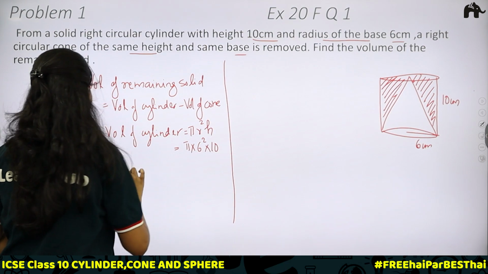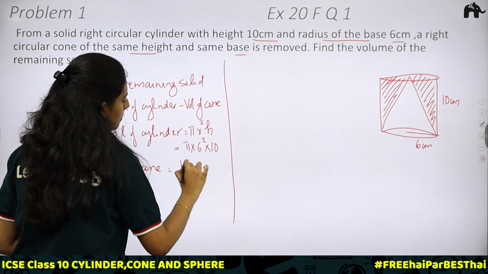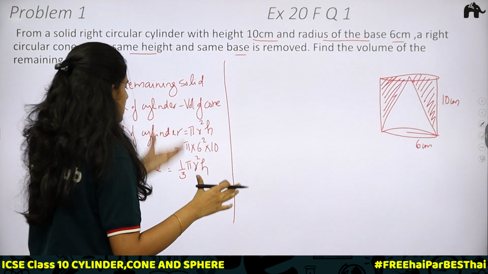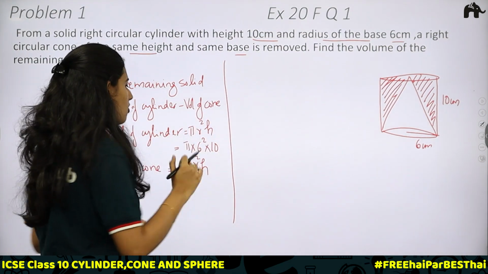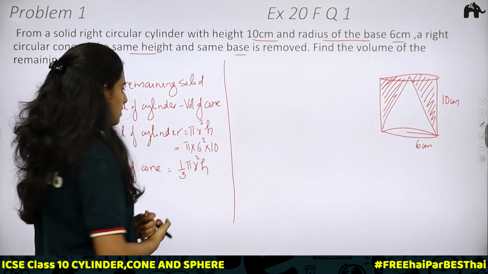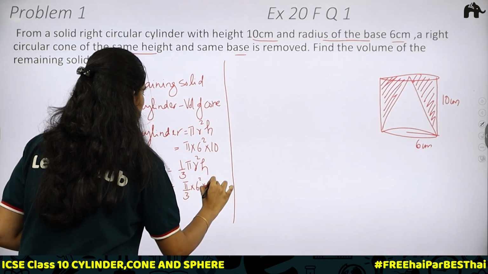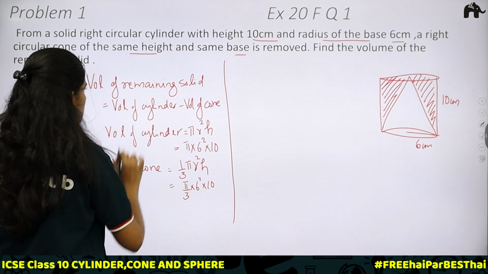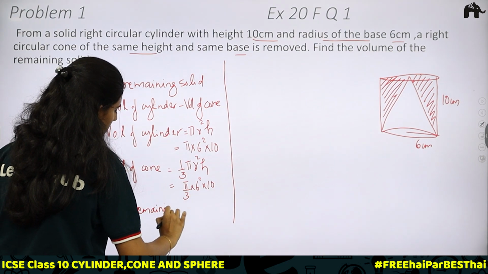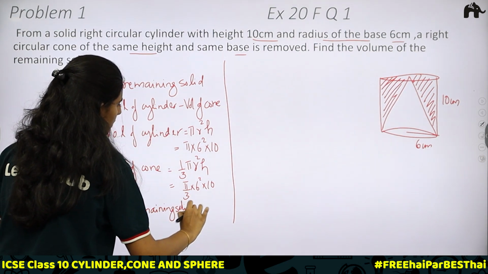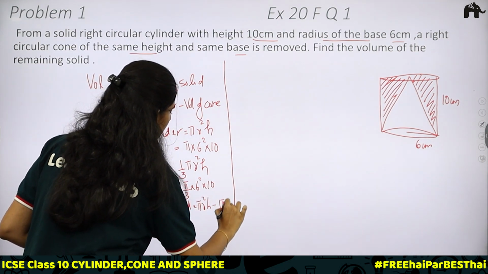Then volume of cone is equal to 1 by 3 pi r square h. Since in both these cases we have the same radius and height, you can either put the values and solve or directly take the formula and solve from it. I'll show you. This will be equal to pi by 3 into 6 square into 10. Now the volume of remaining solid will be equal to pi r square h minus 1 by 3 pi r square h.